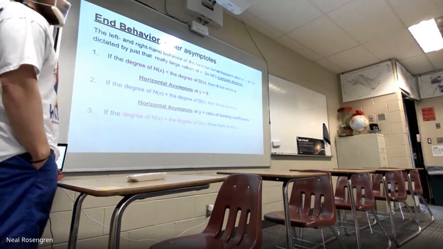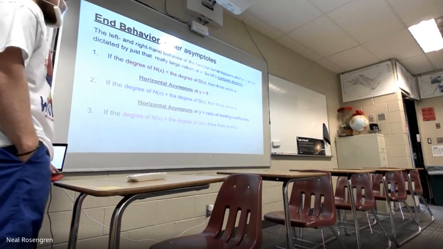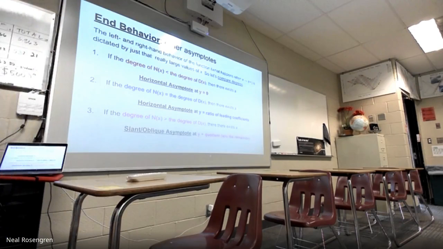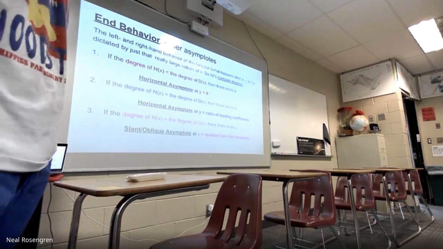If the difference is positive, we're not going to head towards a specific number because your fraction is getting bigger and bigger. But there is going to be an asymptote that we're going to follow. It's just not going to be horizontal. It's going to have a slant to it. Another word that means slant is oblique.